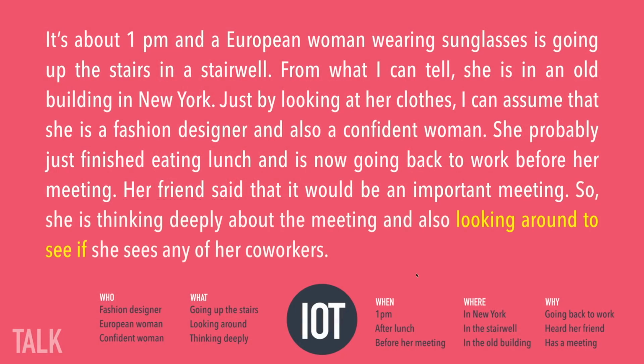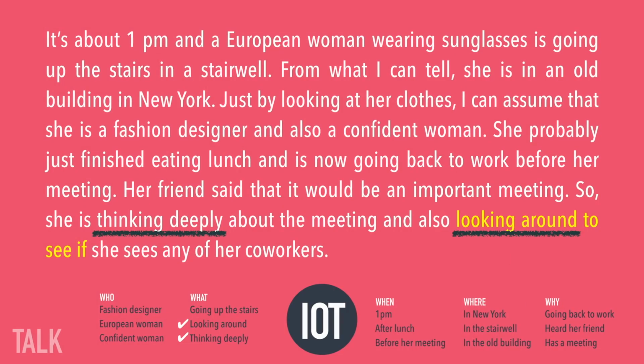Here we go. So she is thinking deeply about the meeting and also looking around to see if she sees any of her coworkers. So we've answered 2 things from the what? Looking around and thinking deeply, all right? Now, I do want to pause again because we see some yellow.